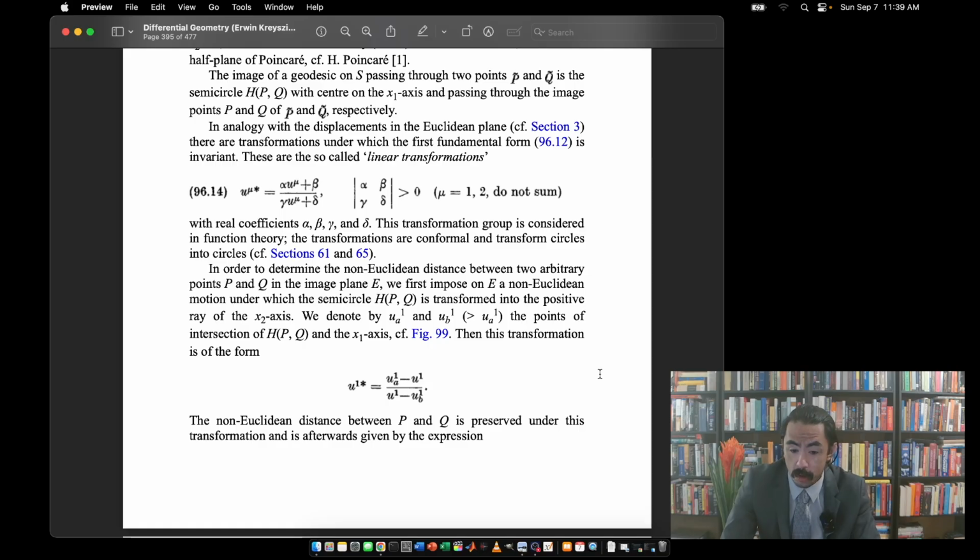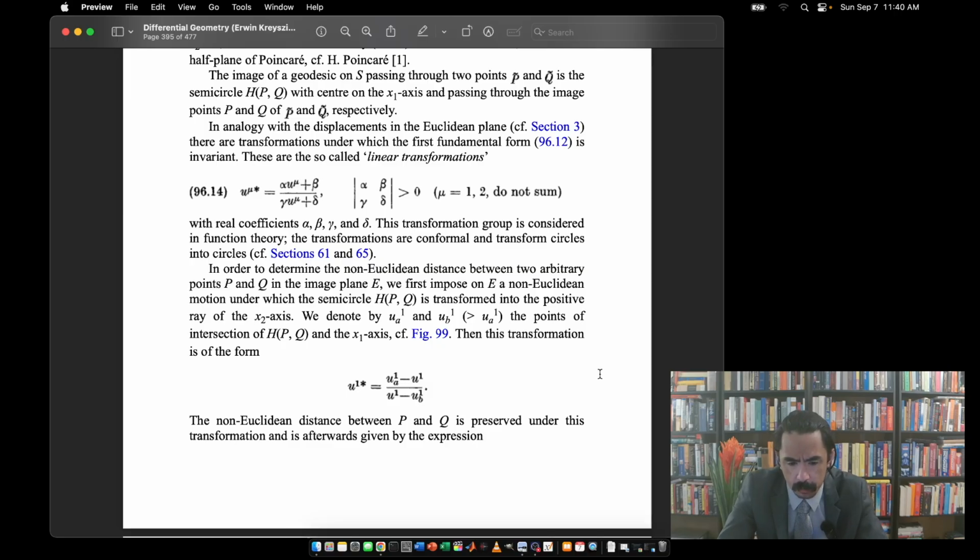These are the so-called linear transformations, namely u superscript mu star is equal to a fraction with the numerator alpha times u superscript mu plus beta, all over a denominator of gamma times u superscript mu plus delta, where the determinant of the matrix with columns (alpha, gamma) and (beta, delta) is greater than 0, where mu is equal to 1 or 2, and this is not Einstein's summation notation, so do not sum. And these linear transformations are such that the coefficients alpha, beta, gamma, and delta are real.